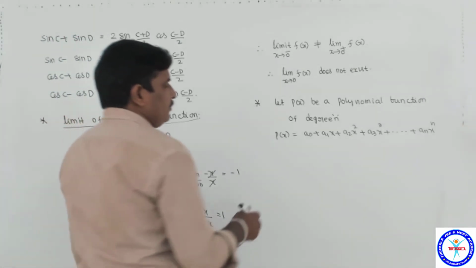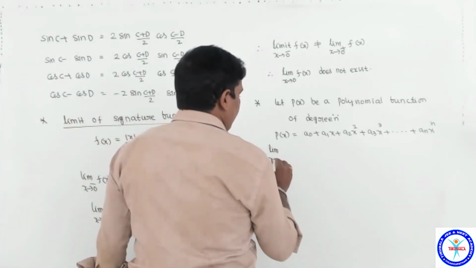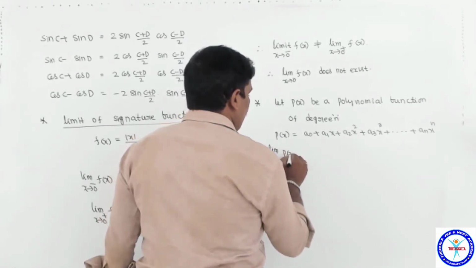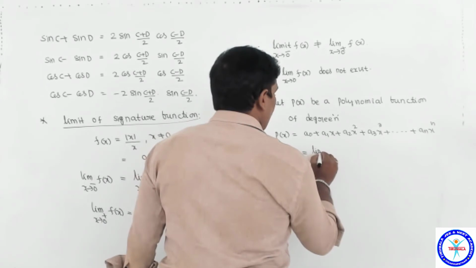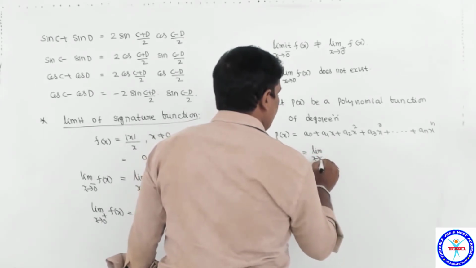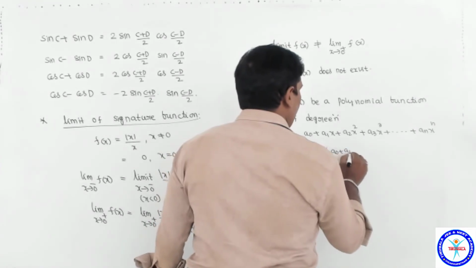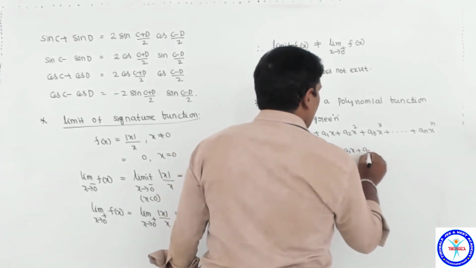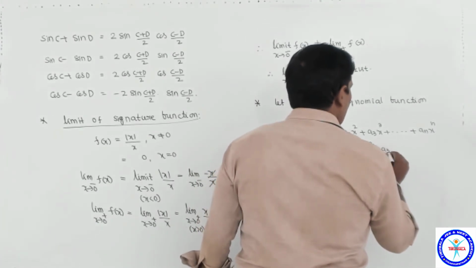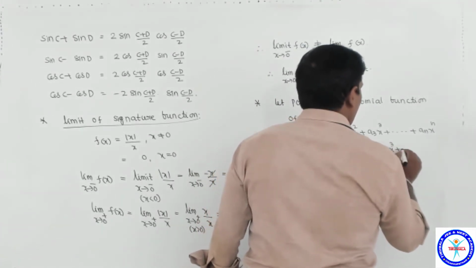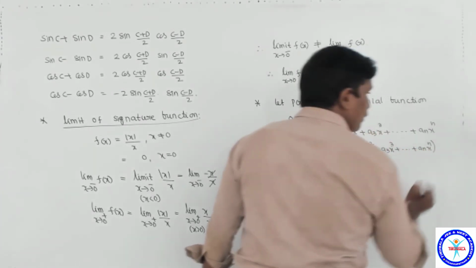Now find the limit x tends to a of p of x. This equals limit x tends to a of a0 plus a1x plus a2x square plus ... plus an x power n.